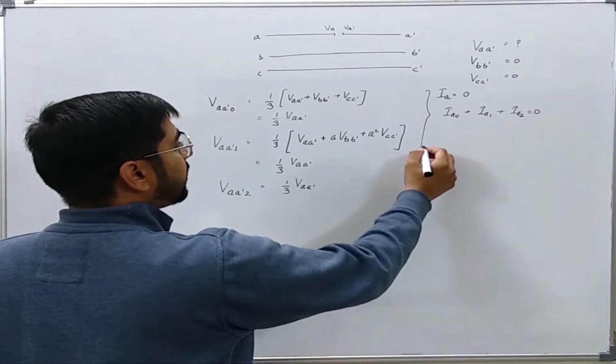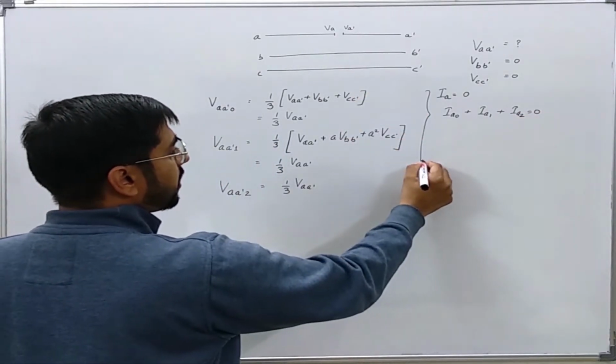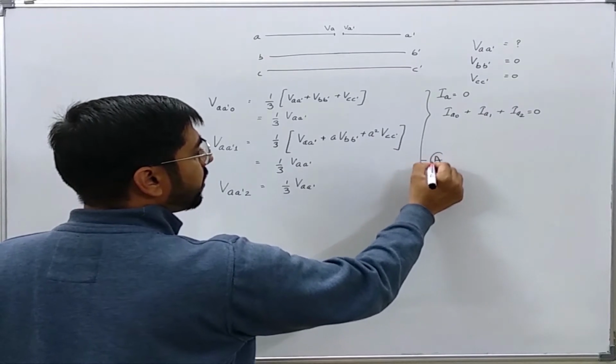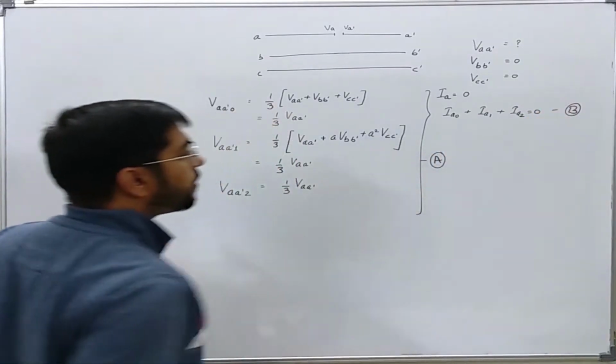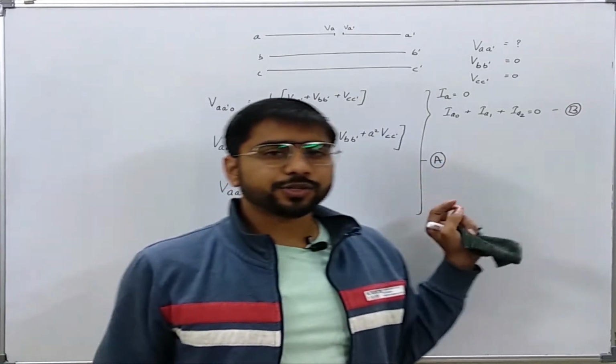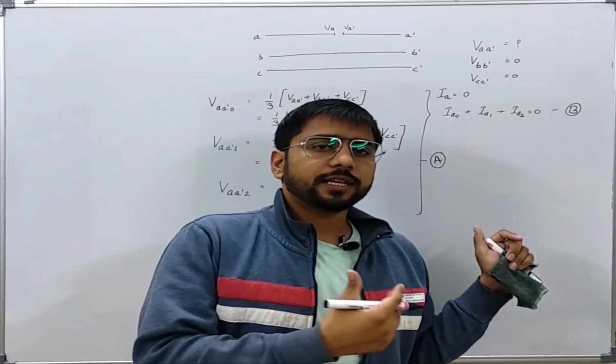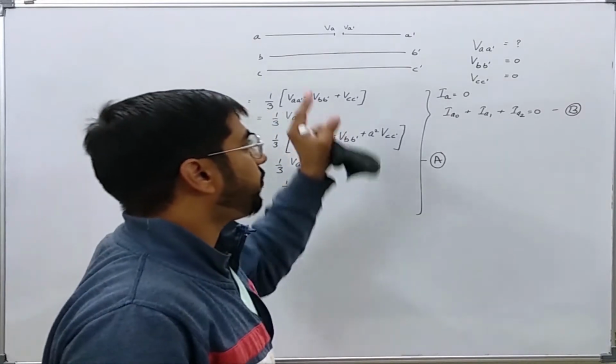So let us say these three equations are equation A and this equation is equation B. Now these equations are trying to show us how to connect the sequence components at the fault point.